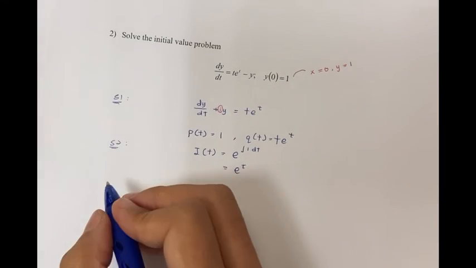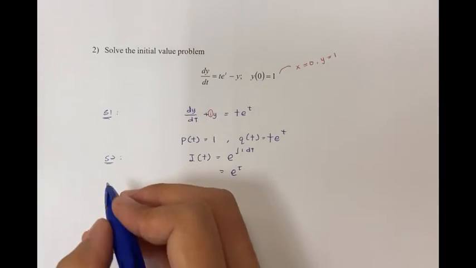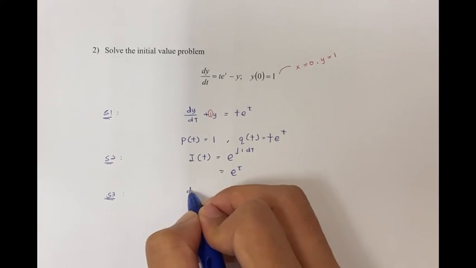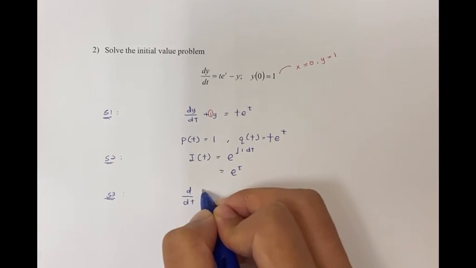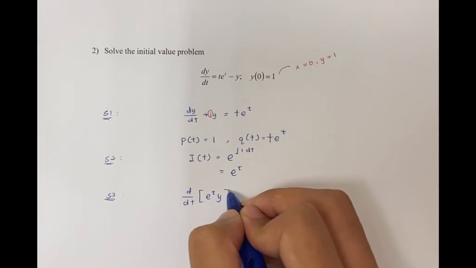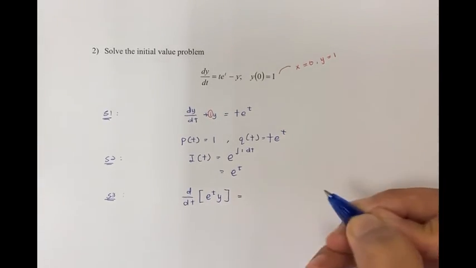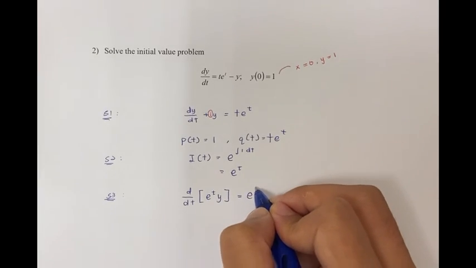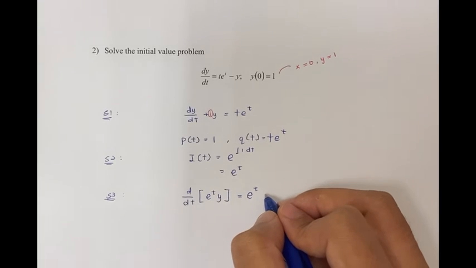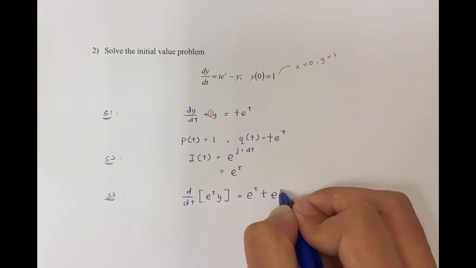That is the integrating factor. And the third step, just write d over dt of integrating factor e^t multiplied by y equal to integrating factor e^t multiplied by Q(t). Q(t) is t e^t.